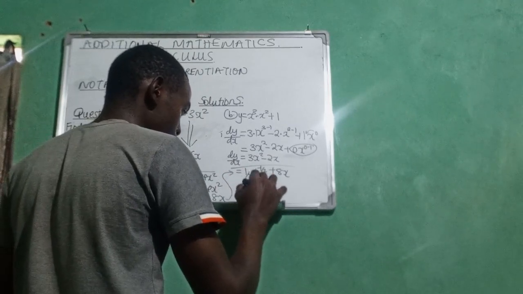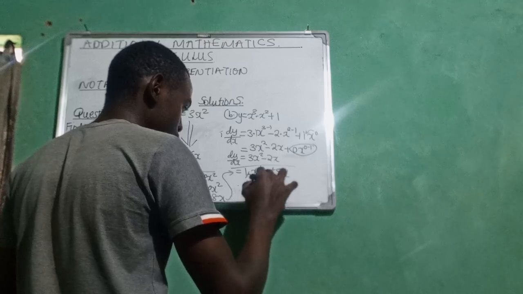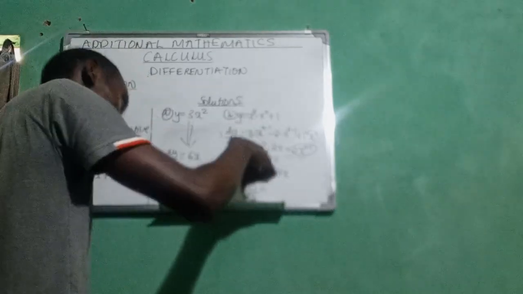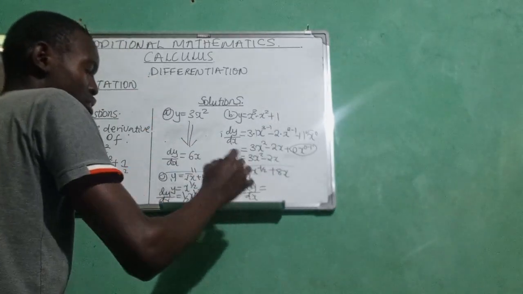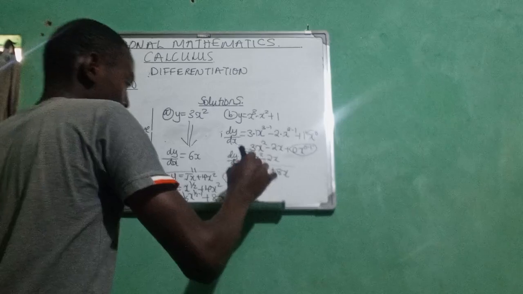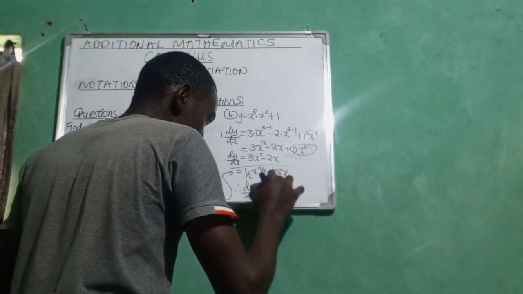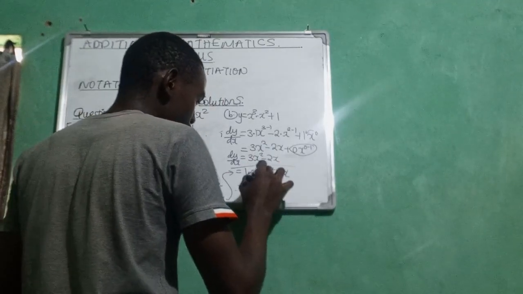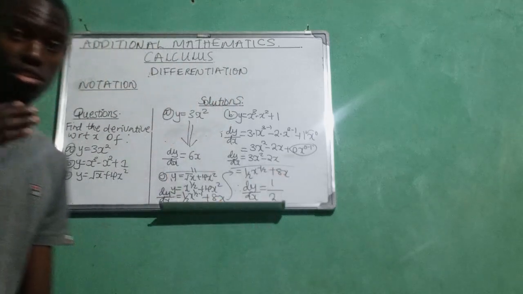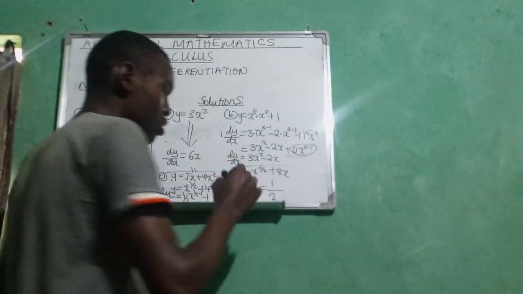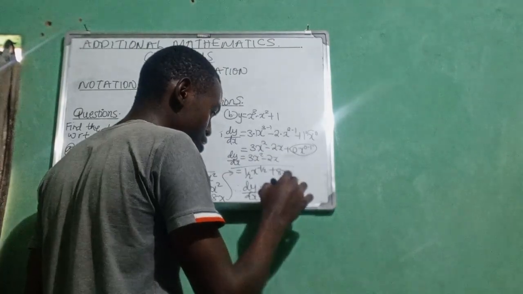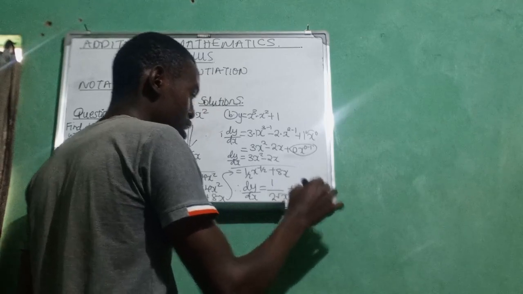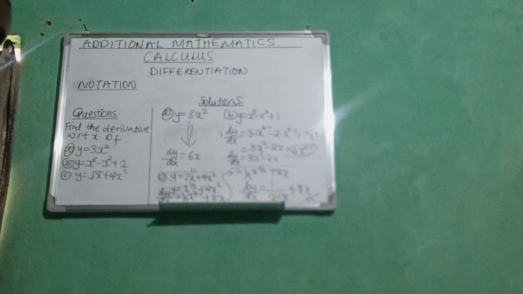Therefore, our dy dx is equal to, since it is a negative index, to make it positive it should go down to the denominator, to 2. So it will be 1 divided by 2, then I said half is the same as square root. So since it has gone down, it's positive, okay? 2 root x plus 8. And that's your final answer.